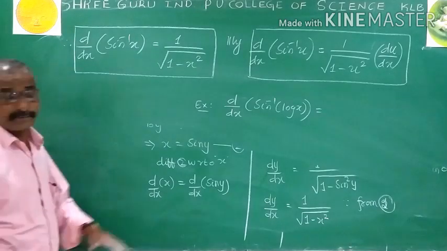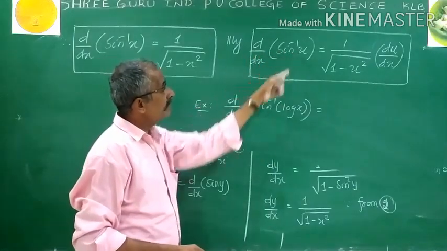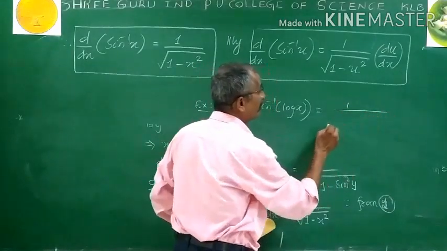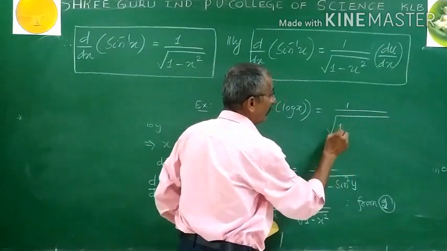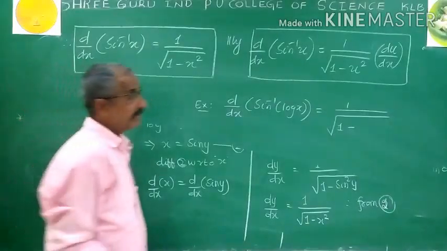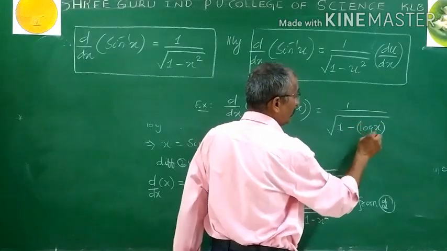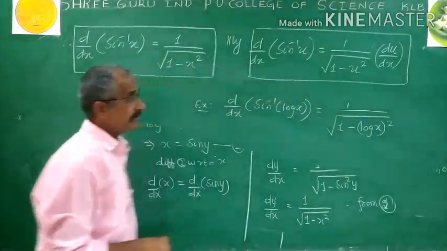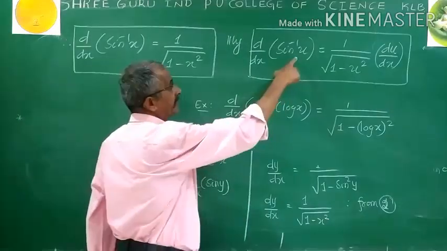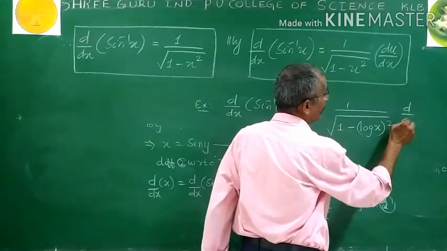It is just like differentiation of sin inverse of u, where u means log x. So the answer becomes 1 divided by root of 1 minus u square. U is log x, which becomes log x whole square. So 1 by root of 1 minus log x whole square multiplied by differentiation of u, where u means log x, hence into differentiation of log x.